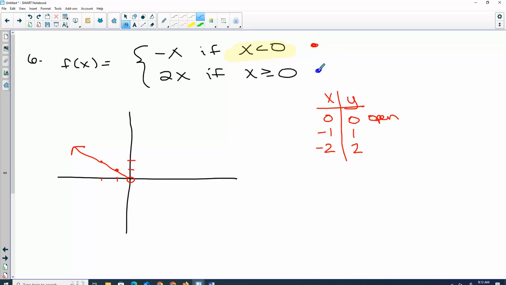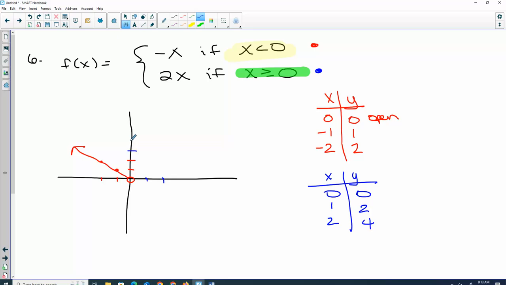So the next one. We also have to start at 0, but because this one had an equal to, it will be closed. And then my x's have to be greater than 0, so we plug in things bigger than 0. So 2 times 0 is 0, 2 times 1 is 2, 2 times 2 is 4. What if you already have an open circle there?